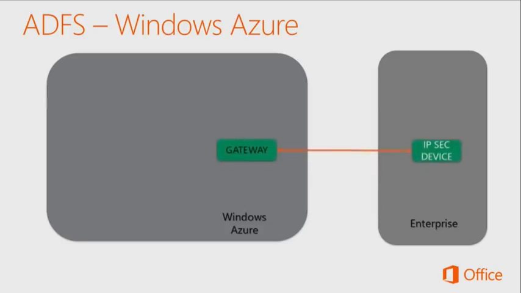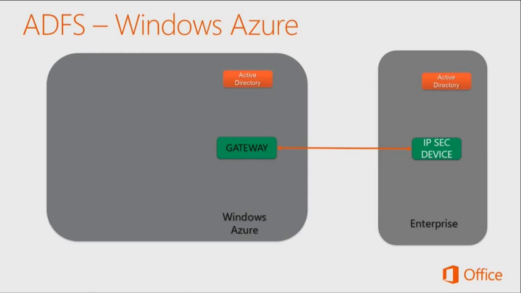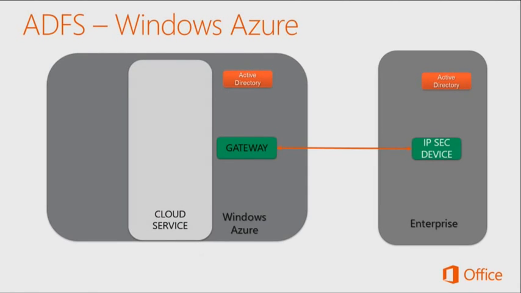So here's another animation. We've got a gateway that connects to our IPsec device on the enterprise, which connects to the Windows Azure gateway, which can provide Active Directory and then the cloud service. So the ADFS 2.0 servers, load balancing endpoint, and then DirSync.